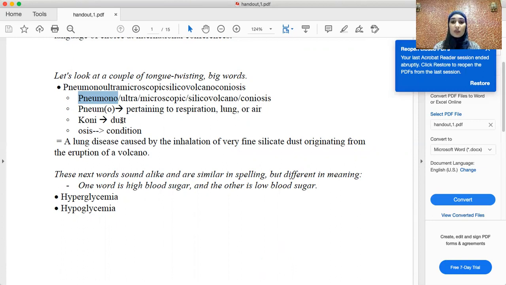So this word refers to a disease that comes to human beings when we inhale, when we breathe in, very fine and small dust that comes from the eruption of volcanoes. All right.